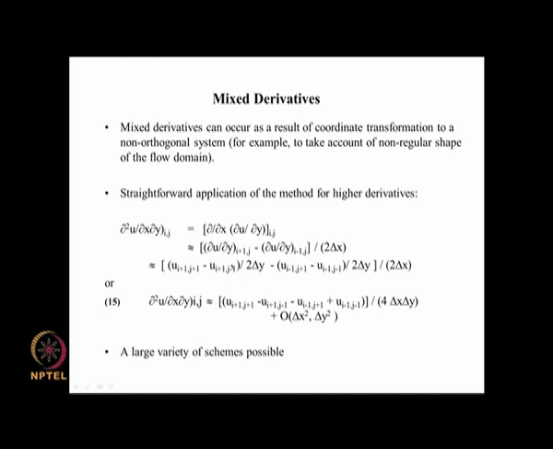So, with this we can claim that we are now in a position to write a finite difference approximation for any derivative, and therefore we are in a position to come up with a discretization scheme for a given differential equation. So, in the next lecture we will do a tutorial on a Poisson equation.